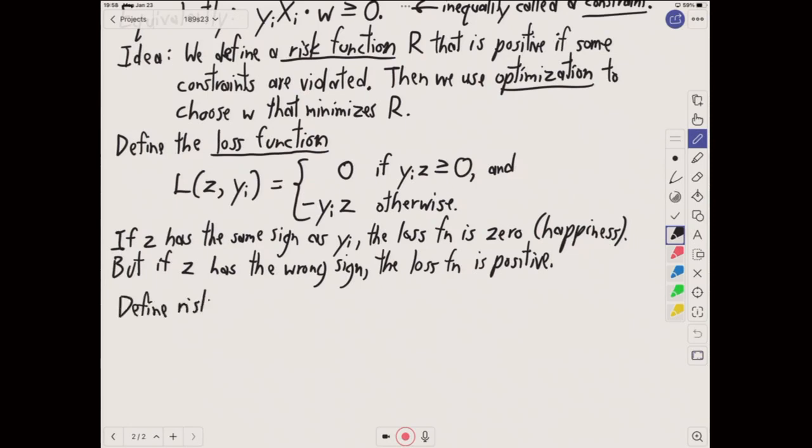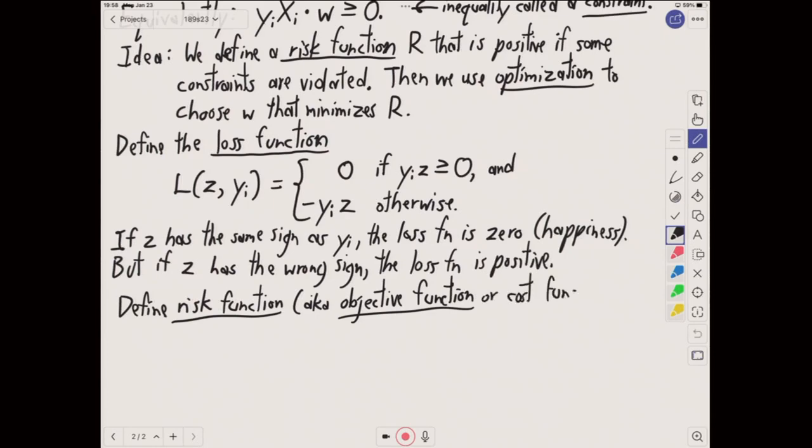All right, so now that I've defined the loss function, the risk function is going to be the average loss over all the training points. For the sake of optimization, we can also call this function our objective function or our cost function. Those are not perfect synonyms for risk function. Risk function has some additional baggage. Risk is always an average loss, whereas objective function and cost function just refer to anything you want to optimize.